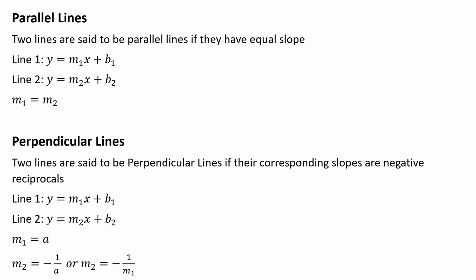And finally, for the value of m sub 1 as slope 1 is equal to a, while the other slope m sub 2 is equal to negative 1 over a, or m sub 2 is equal to negative 1 over m sub 1.